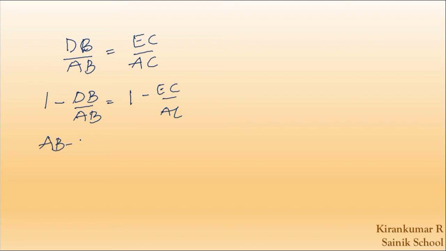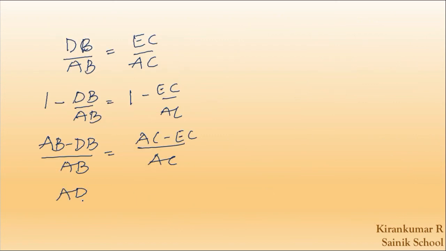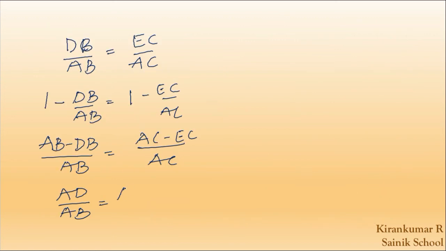We get AB minus DB upon AB equal to AC minus EC upon AC. What is AB minus DB? Look at the figure here. AB minus DB will be AD upon AB, which is equal to AC minus EC. AC minus EC will be AE upon AC. This is the new result obtained.